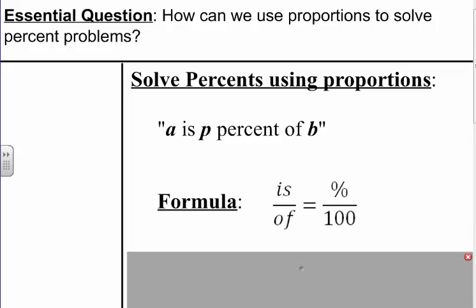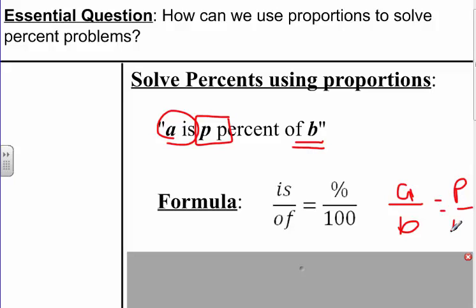The number that goes with the is, like A is, goes on top, so the A would go on top over, of, the number that comes after the of goes on bottom, and the percent goes over 100. So our percent is P percent, so we put the P over 100.